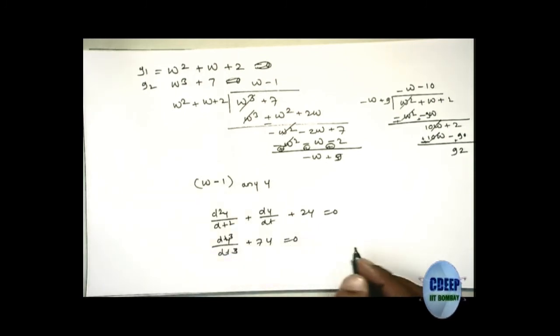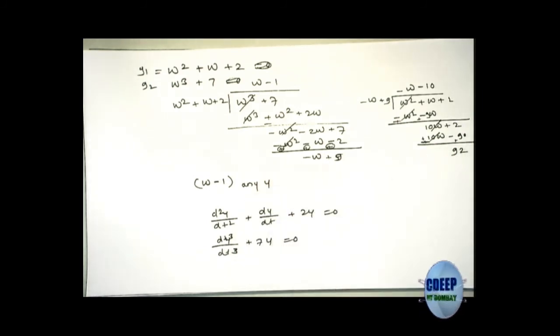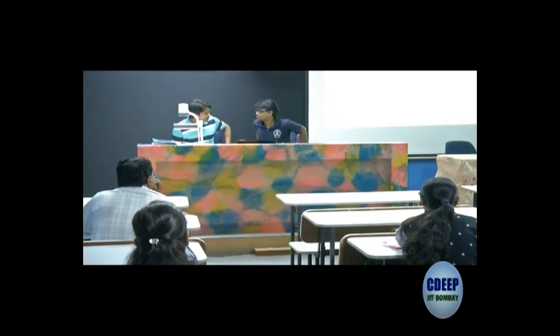Solving these two equations is the same as solving GCD times y equal to 0, right? But what is the GCD? It is 1. So 1 times y is equal to 0. So y is equal to 0. That is the only solution.